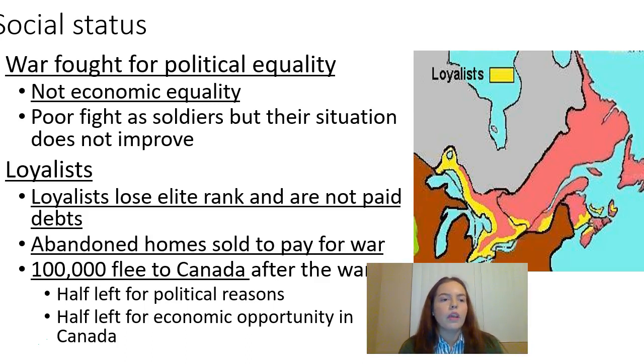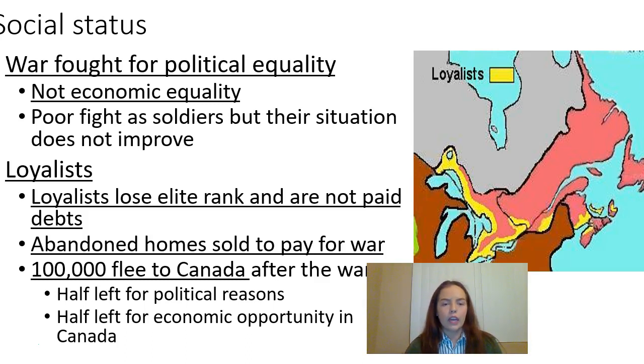Social status. So the American Revolutionary War was a war that was fought for political equality and not economic equality. So the Americans really wanted that representation that we talk about so often, the representation and taxation. We needed this representation and this political equality, this idea that the government is created to protect our rights and is supported by the people, is really what the revolution was about.